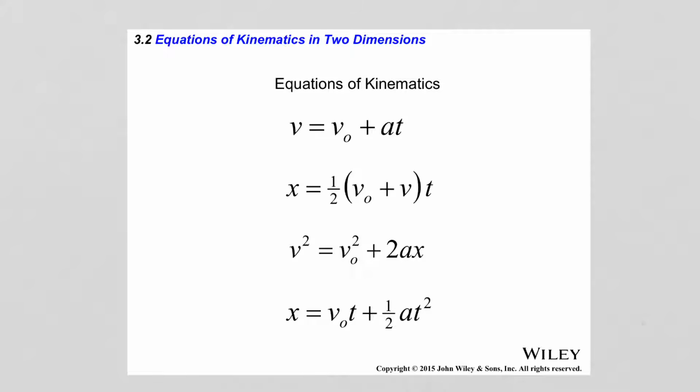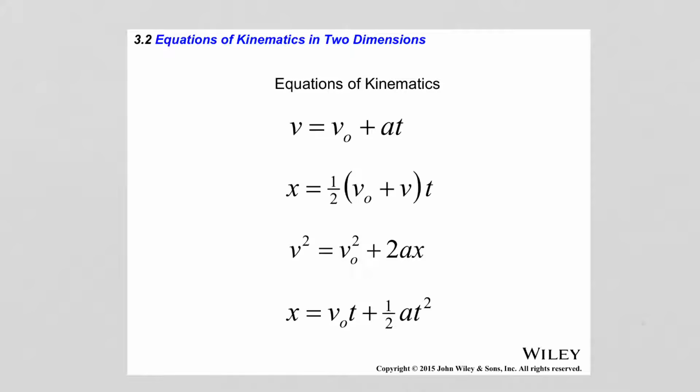The equations of kinematics in two dimensions, when the acceleration is constant, are exactly the same as the equations for one-dimensional motion, with the difference that now each of those equations, since they involve vector quantities, will have two coordinate representations.